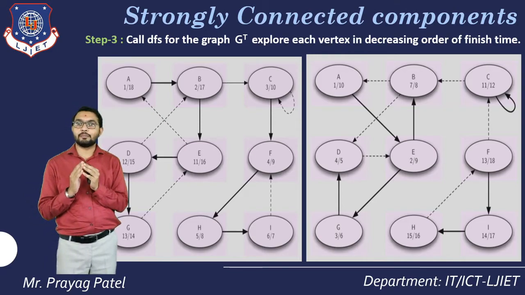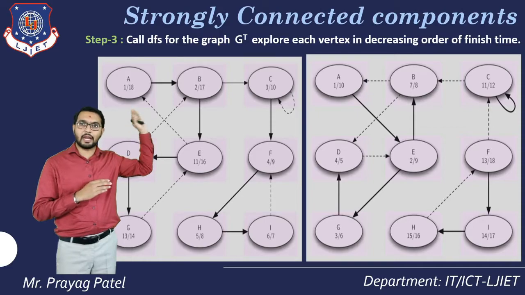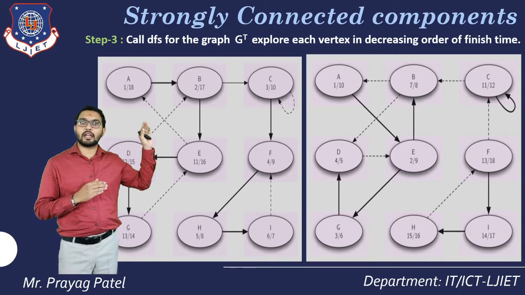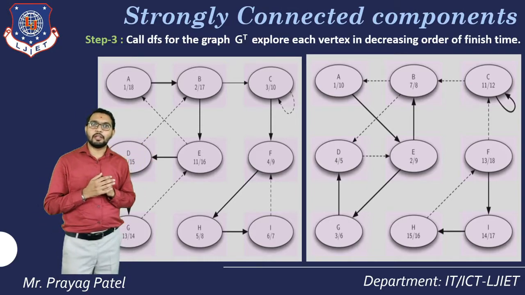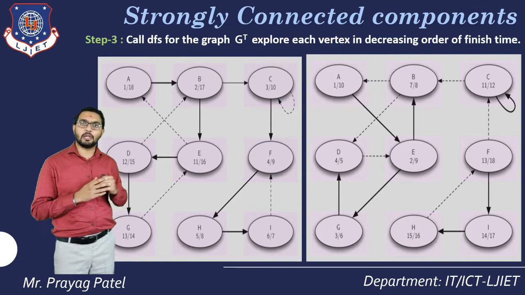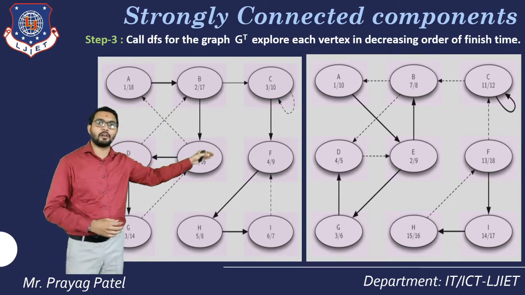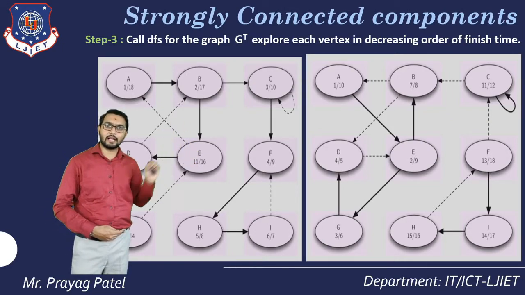So you can start the process from finishing time 18, meaning from node A. Now from A, is any path possible? Yes, A to E path is possible. You perform the DFS operation on the second figure only. So in the second figure, A to E path is available.